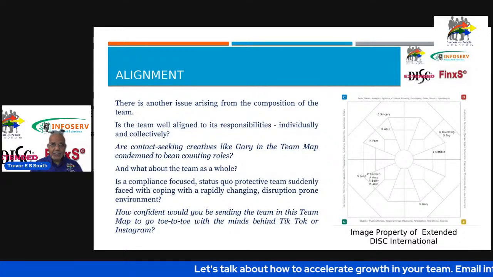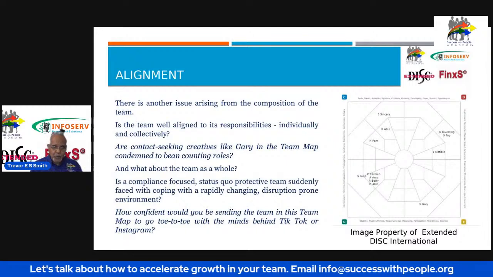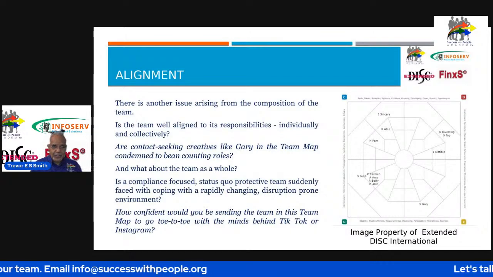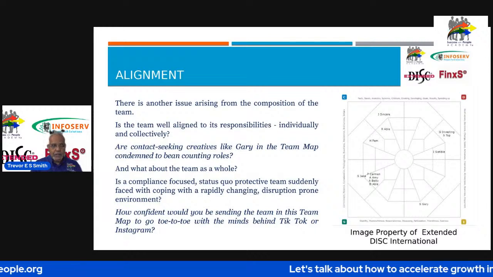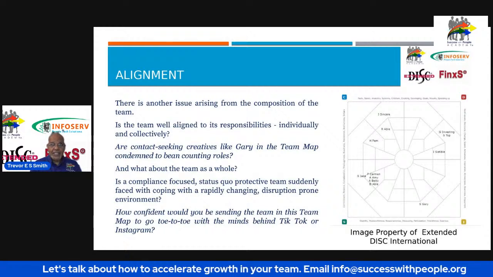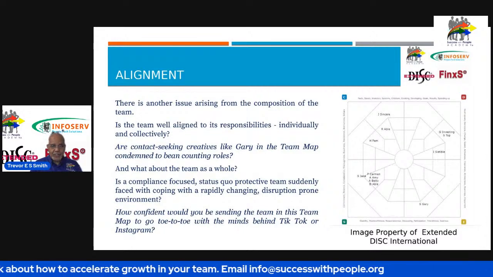Again, the creativity, wanting things to happen in a way that's enjoyable. And then the S is your steadiness, your supportiveness, holding the team together, making sure that things are done correctly, and then the C is your conscientiousness, system, structure, etc.